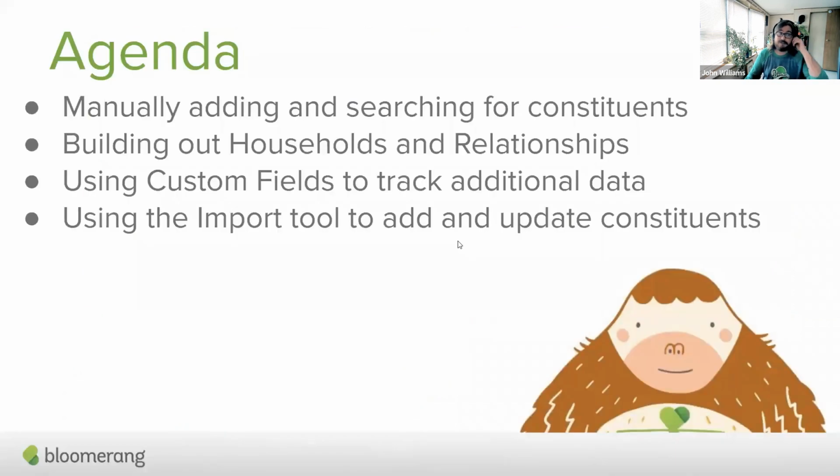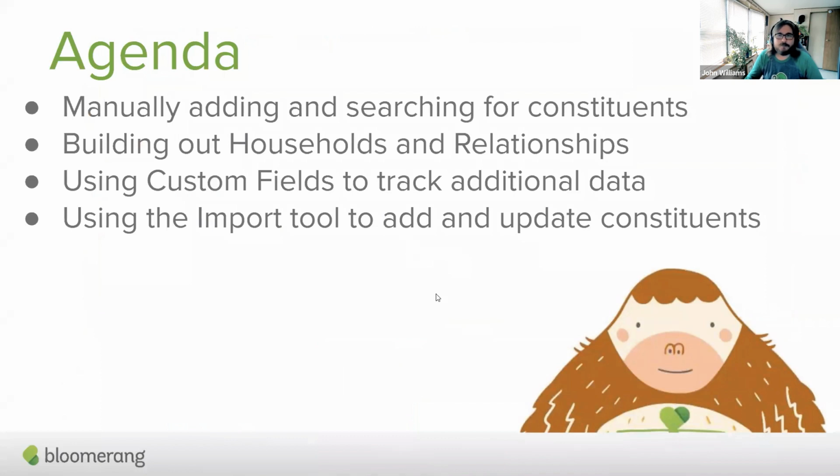Our agenda today, we're going to start by talking about some of the manual processes of adding and searching for constituents, things like that, talking about duplicates and how we can handle those. We're going to build out a brand new household and some relationships so you can see how those work.